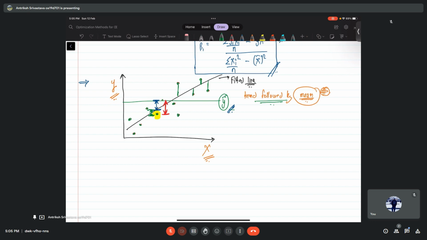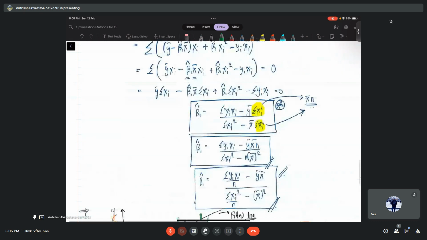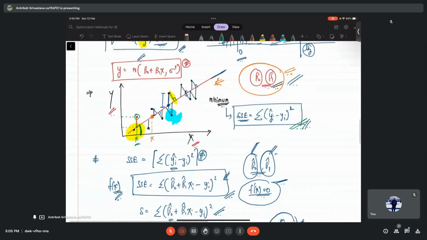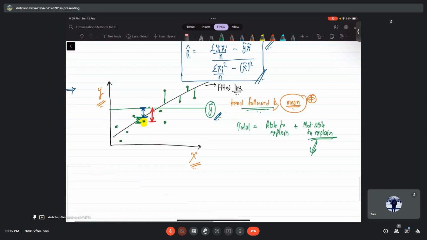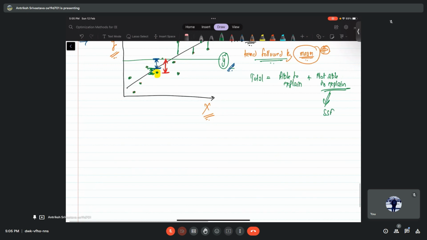So what do we say? The total error is something that our model is able to explain, plus what our model is not able to explain. What is the error that is not explained? This is the error that we have tried to minimize through this equation, that is the sum of square error. And the part which our model is able to explain is the sum of square regression.